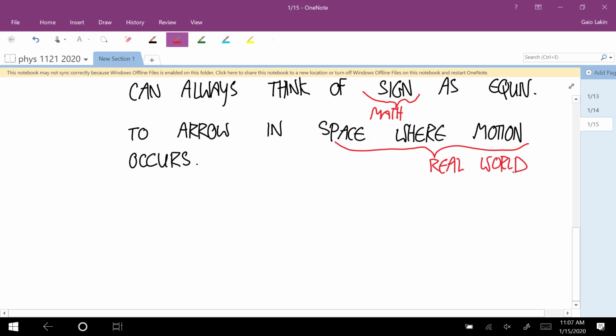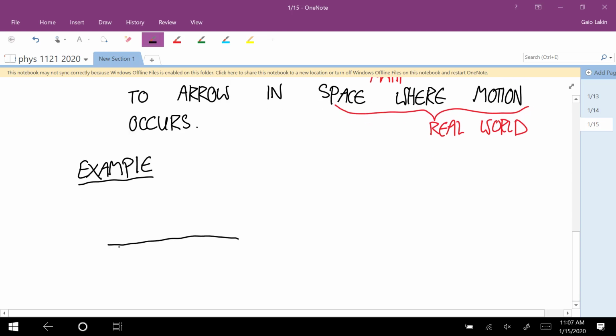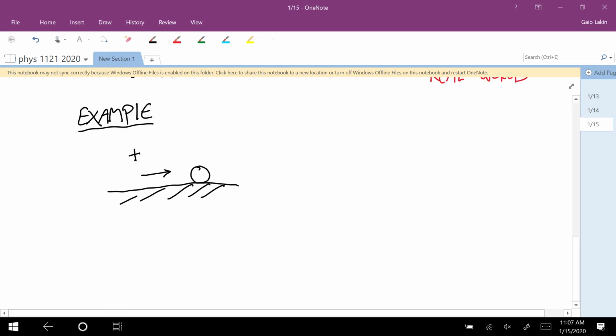Okay, so let's say that you have an object moving around on the floor. And let's say we're calling this the positive direction. And we would have also had to choose a 0 position somewhere.